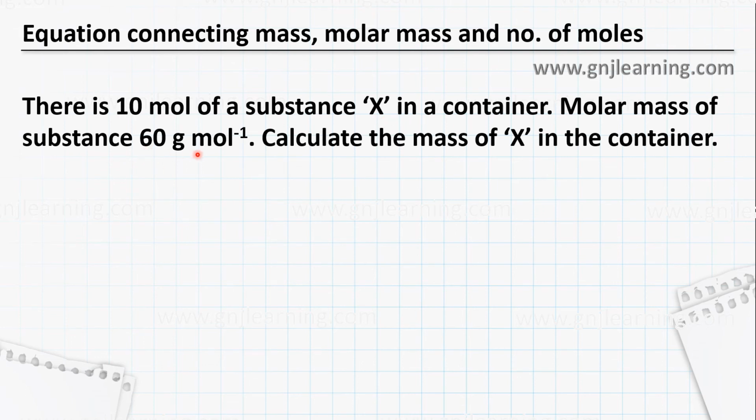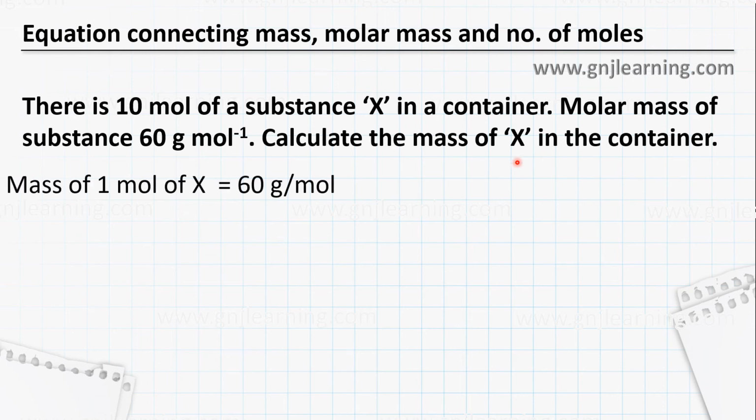Molar mass means the mass of 1 mole of substance. I need to calculate the mass of X in the container. They have mentioned that there are 10 moles of substance and each mole weighs 60 gram. So what is the mass of X in the container? This is what we are going to see.